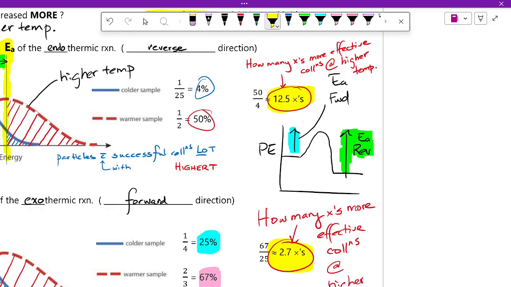You're not going to need to explain all of this, but if you think through it and understand it, then hopefully you can remember it better. All you really need to know is that an increase or decrease in temperature affects the endothermic reaction rate more.